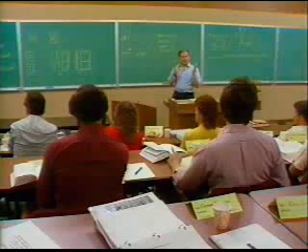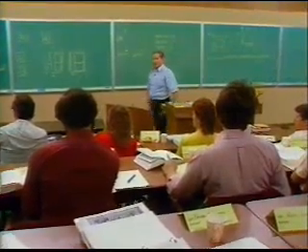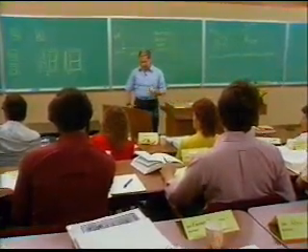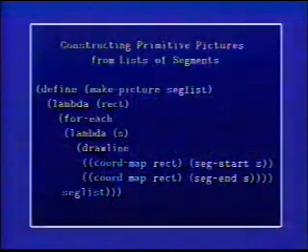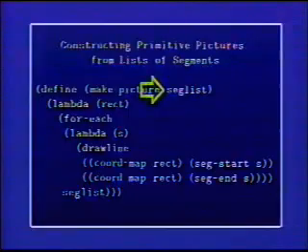Well, how do we actually get a picture to start with? I can build a picture out of a list of line segments initially. Here's a procedure that builds what I'll call a primitive picture, meaning one that didn't come out of the side or rotate or something. It starts with a list of line segments. And now it does what I said. What does a picture have to be? First of all, it's a procedure that's defined on rectangles.